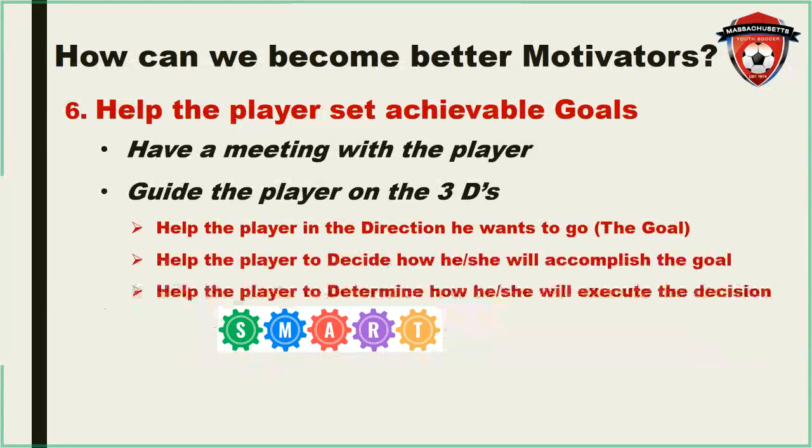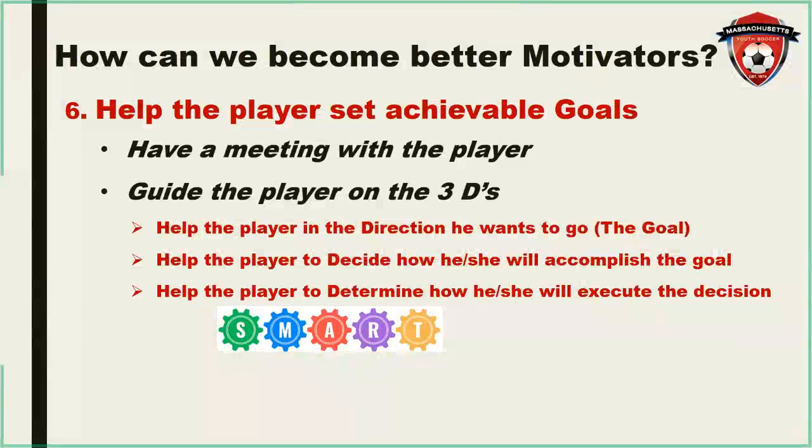Well, we're going to guide the players on the 3Ds. The 3Ds: help the player in the direction he or she wants to go. What is the goal? Help the player decide how he or she will accomplish the goal. And then help the player determine how he or she will execute that decision.